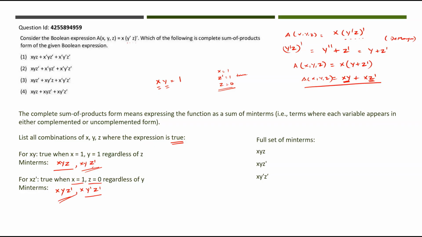This first 2 is taken for xy and last 2 is taken for xz dash. So what will be the complete sum of products? You have to just give sum of all these min terms, xyz plus xyz dash plus xy dash z dash. Which option is having this particular expression? Option number 4. Option number 4 will be the right answer.